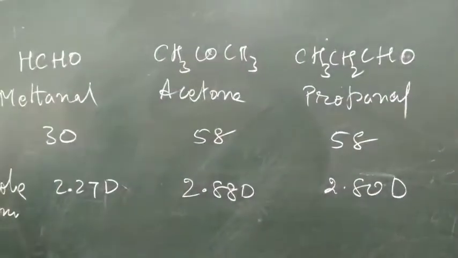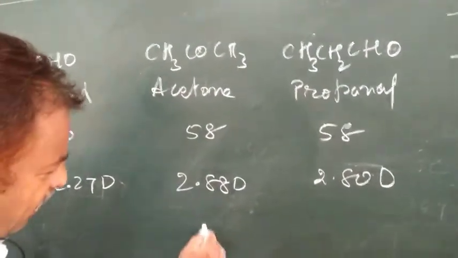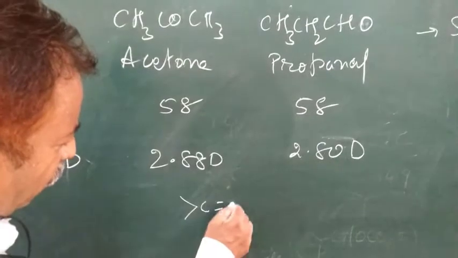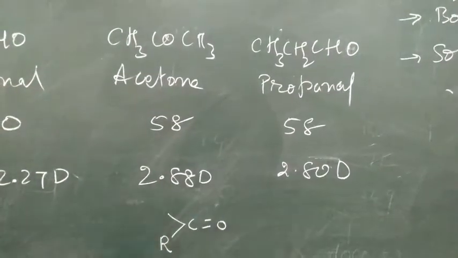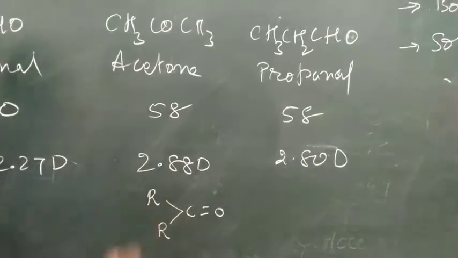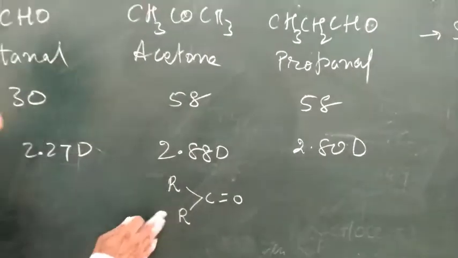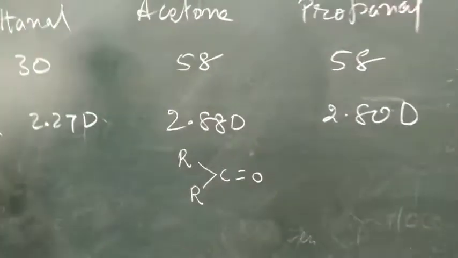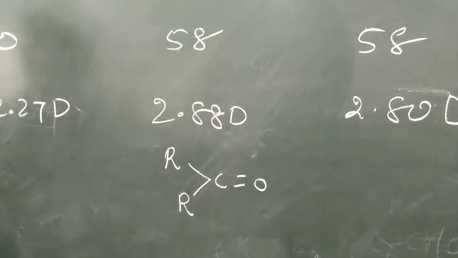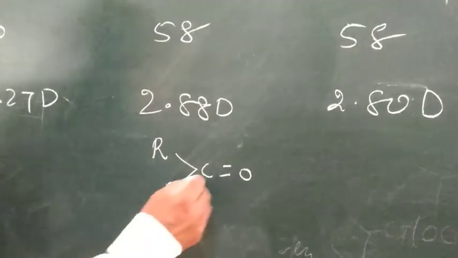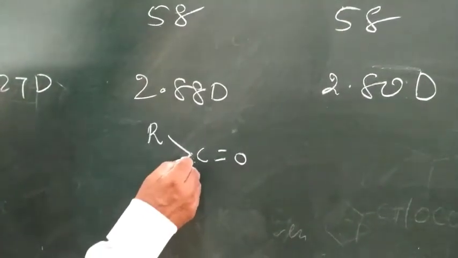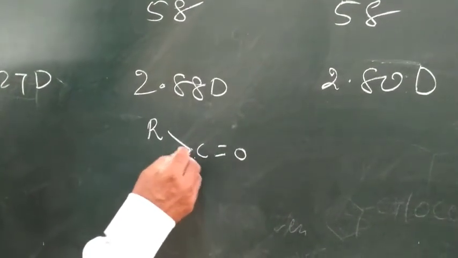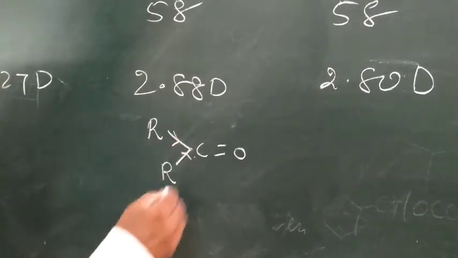Why is the dipole moment more in the case of acetone? See here in acetone, C double bond O, a bulkier alkyl group is here and here also a bulkier alkyl group. So with these bulkier alkyl groups, the steric hindrance increases, therefore they are more polar. Moreover, electron negative charges are pushed towards the carbonyl group.